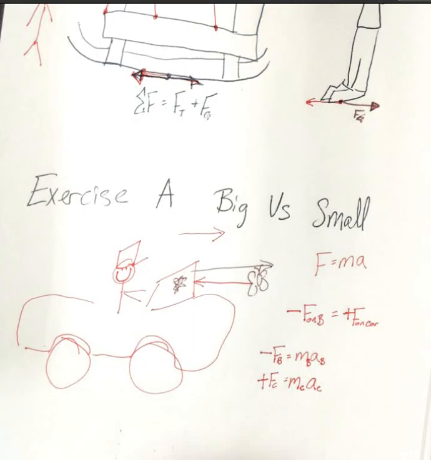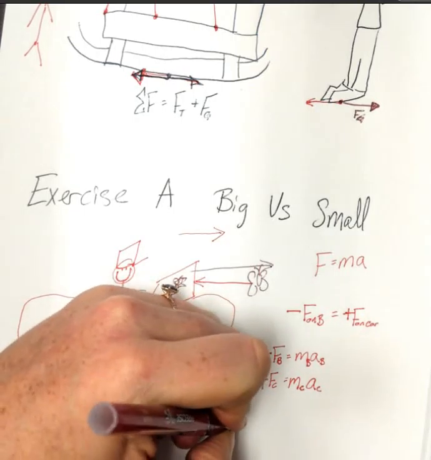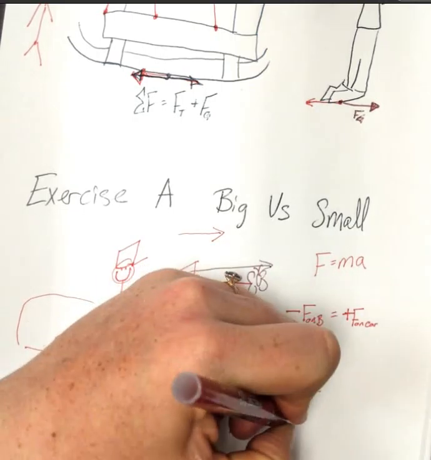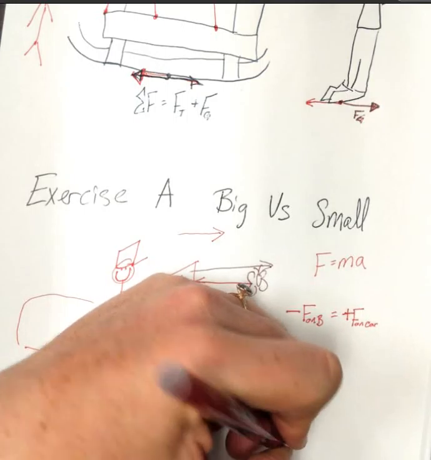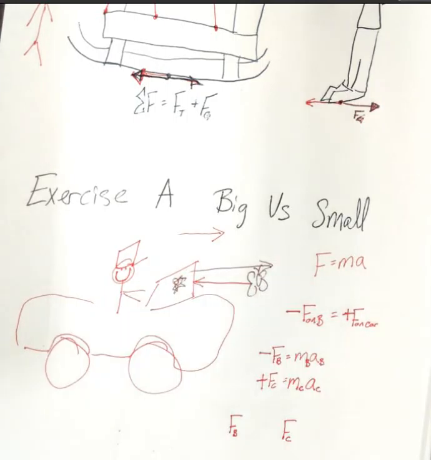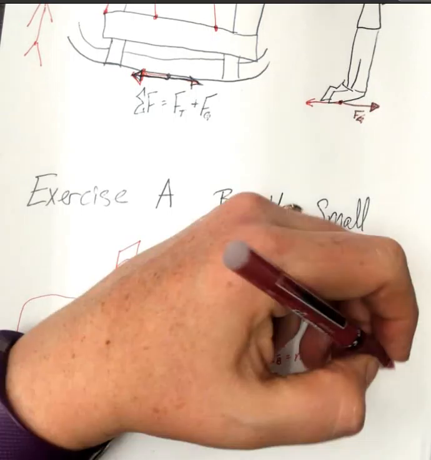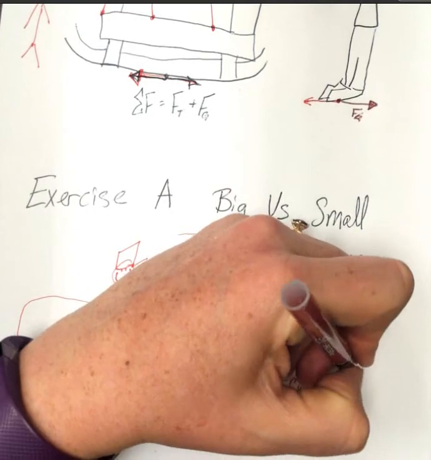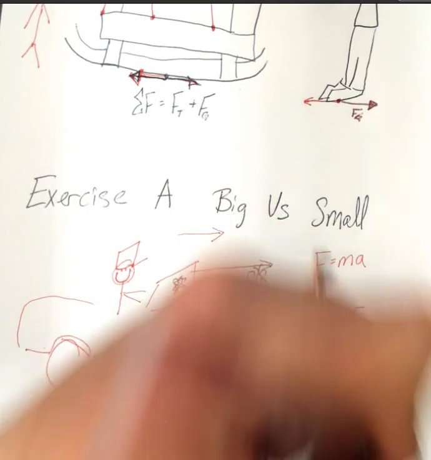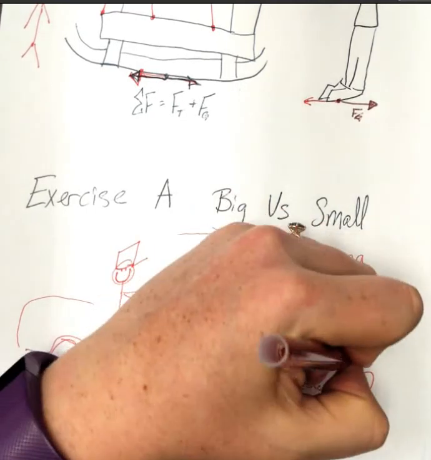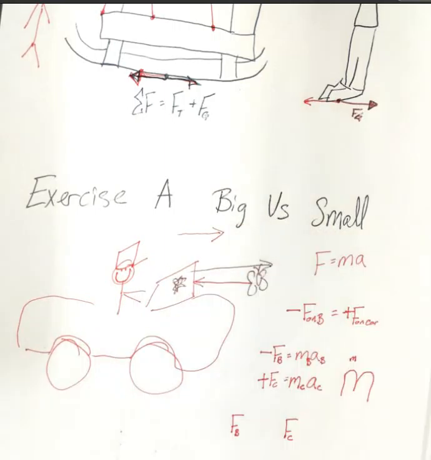Now, let's think about that acceleration. Right? The force on the butterfly and the force on the car are equal. They're just in opposite directions. The mass of the car is gigantic. And the mass of the butterfly is tiny. Force equals mass times acceleration.